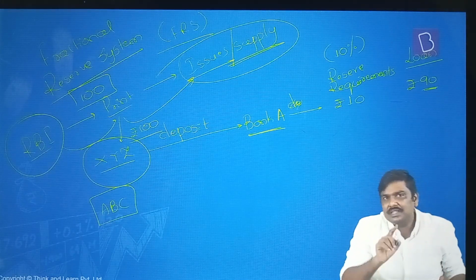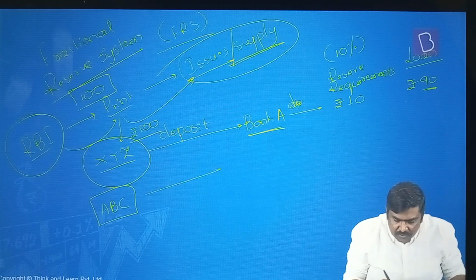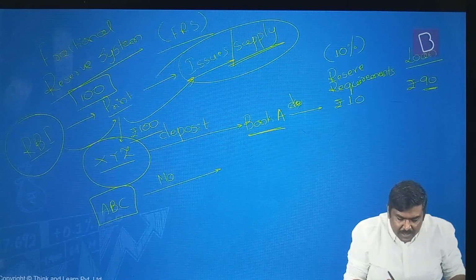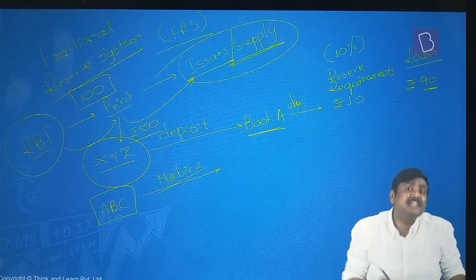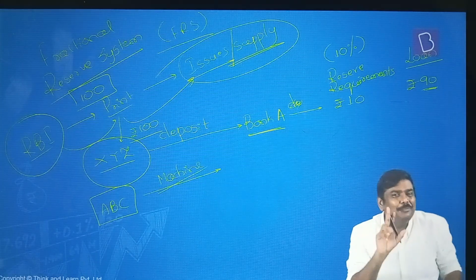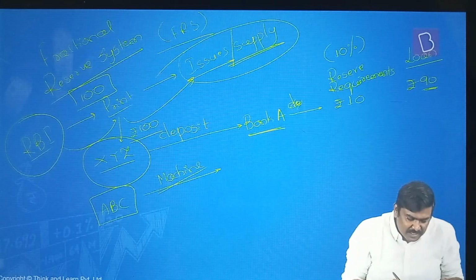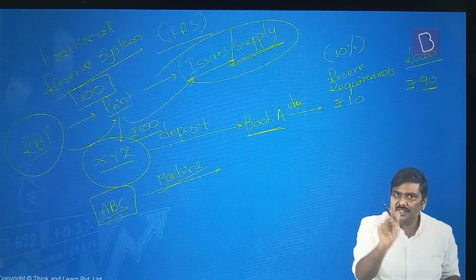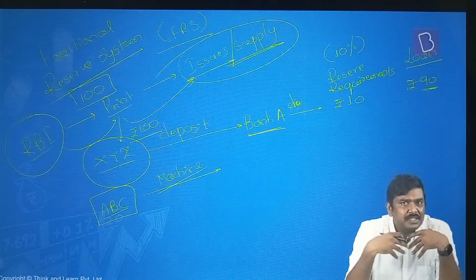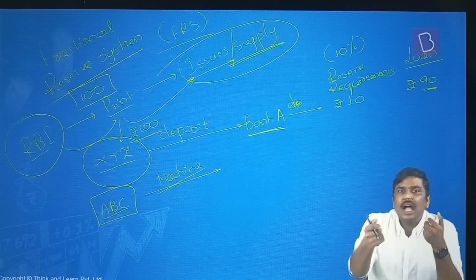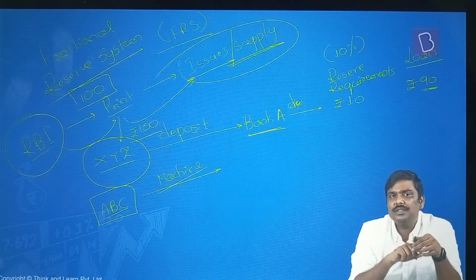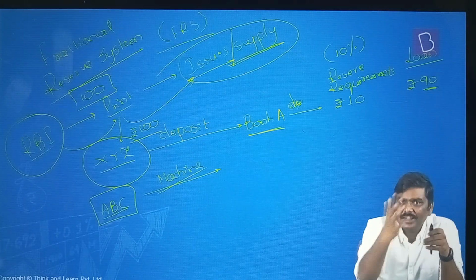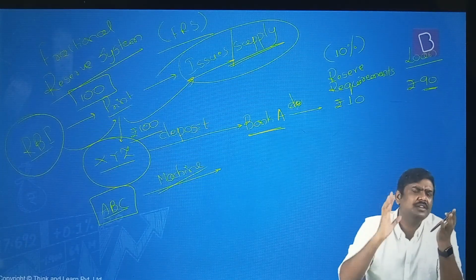Let's say he will purchase 90 rupees worth of a machine. Again, don't ask me which machine is available worth 90 rupees; that is not important. Imagine I'm the businessman and you are the seller. I will purchase the machine worth 90 rupees and I will give you a check of 90 rupees, or I give you 90 rupees cash.